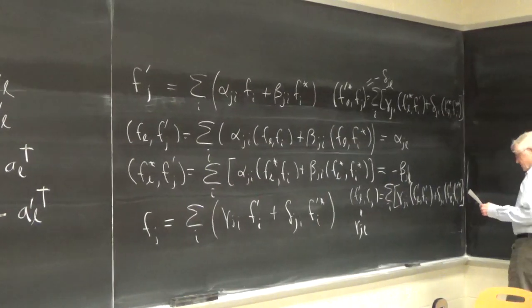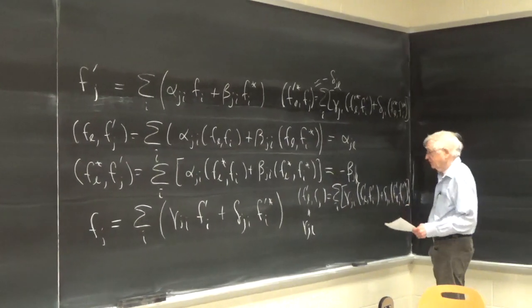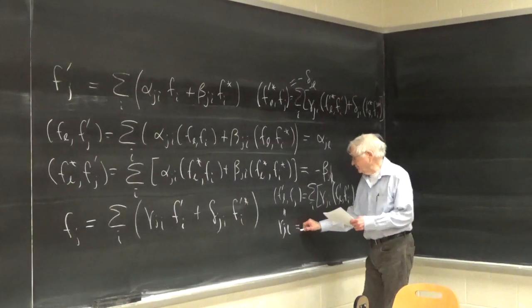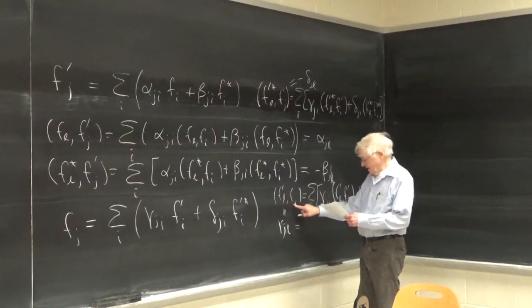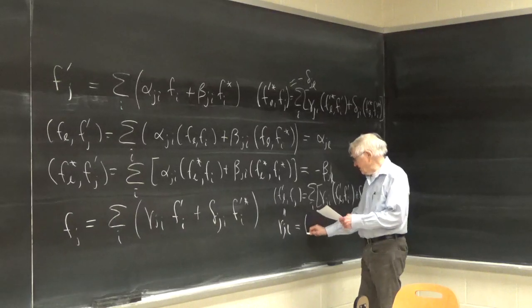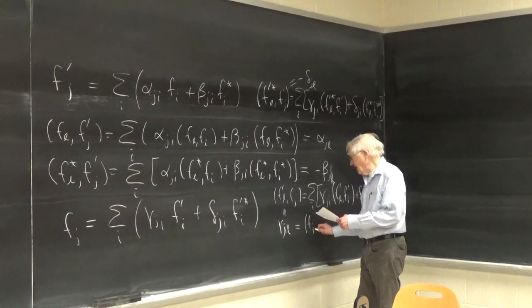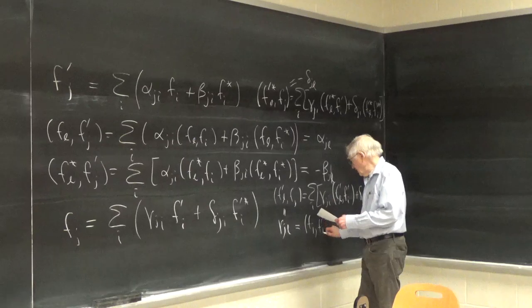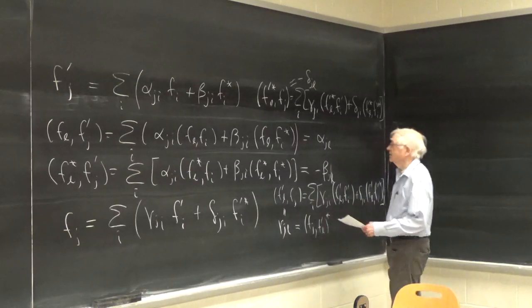Well, let's look at gamma JL. Gamma JL is FL prime FJ, and so this is FJ, F prime L complex conjugate.